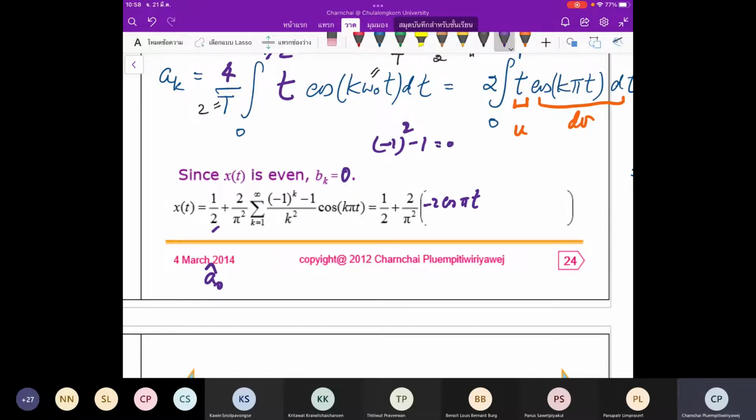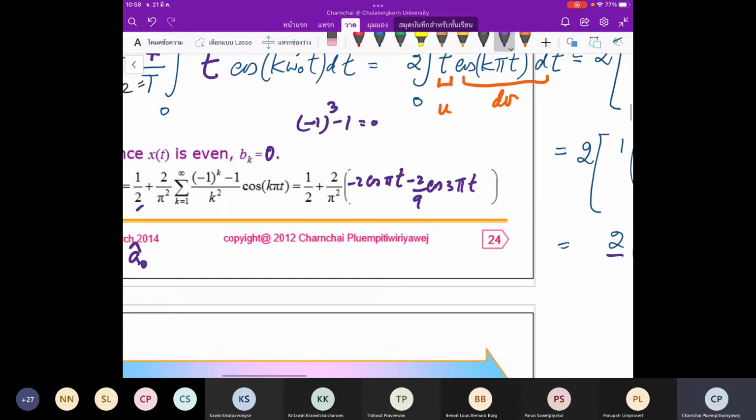We don't need to write out those terms, so we need k is 3. When k is 3, we have negative 1 to the third, which is negative 1, minus 1, so we got negative 2 again over 9, since 3 squared is 9, and cosine 3 pi t. And so on.